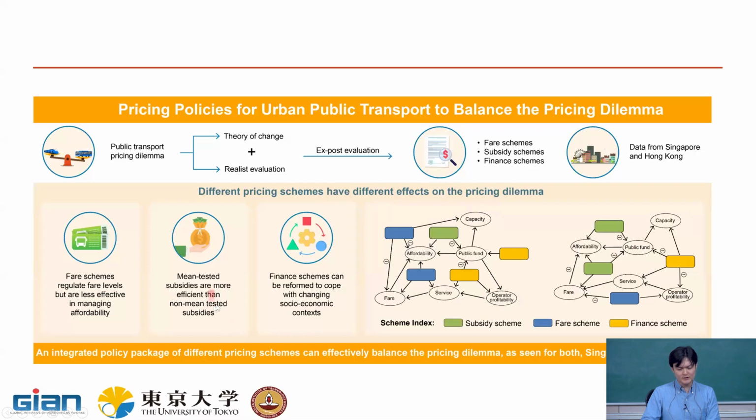So they're efficient in terms of the impact they have on affordability, but they are not efficient for the operator or for the regulator in terms of having to implement it. It's another project that they have to implement. Yes, and financing schemes have to respond to the changing socioeconomic context.